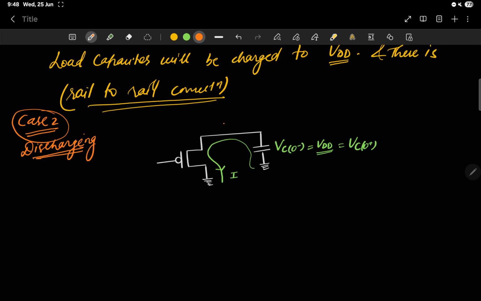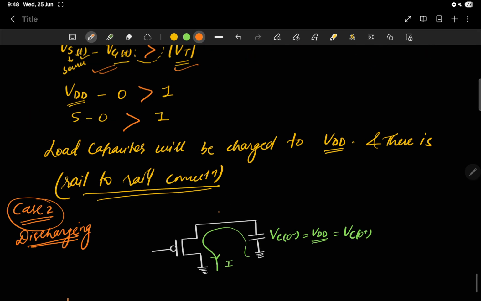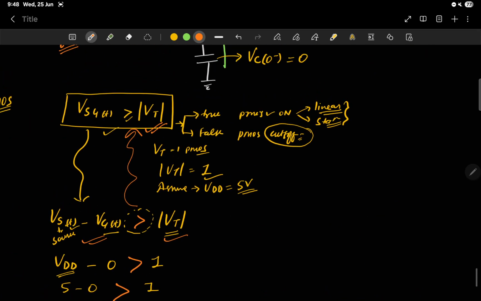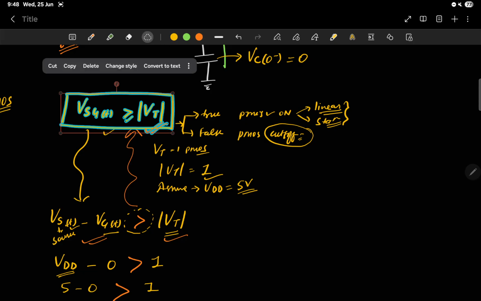This concept has been cleared in my earlier videos. If you want, you can watch them, and for better understanding you can watch at 2x. So let's move ahead. For the boundary condition, the same thing I mentioned earlier applies here, because this is the same.